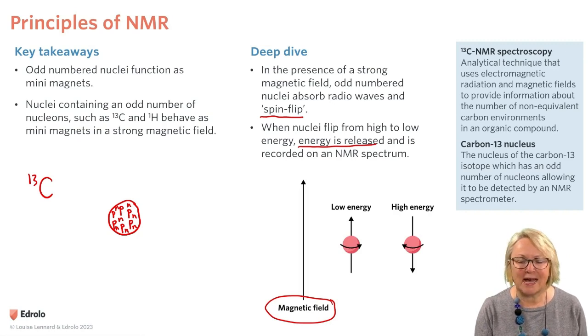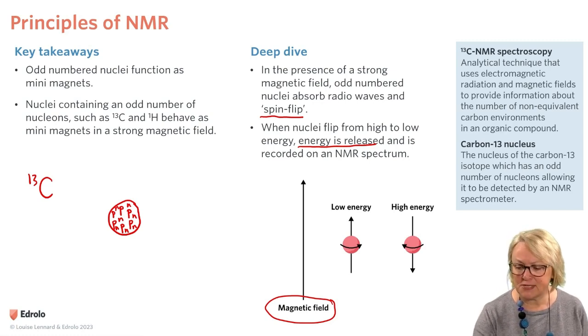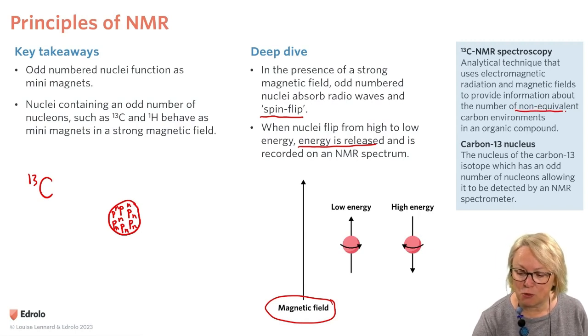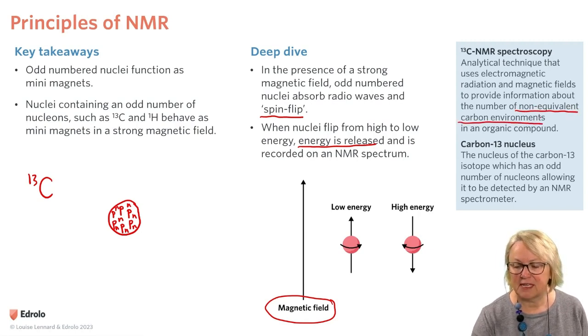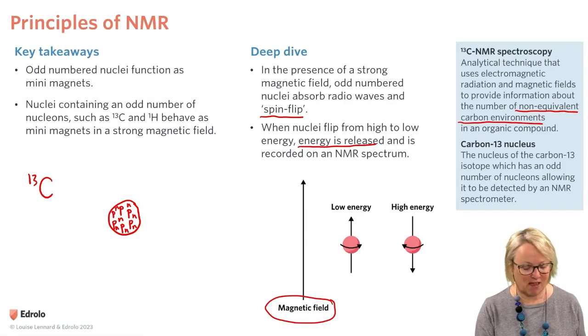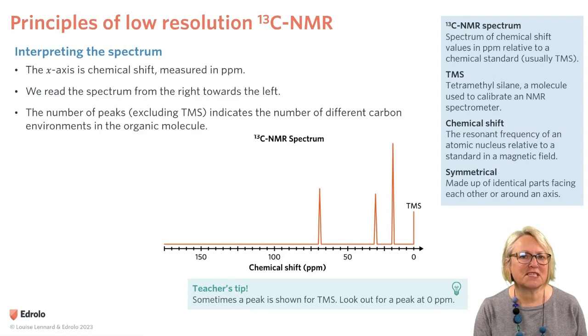So 13-carbon NMR spectroscopy is an analytical technique using radio waves and magnetic fields to provide information about the number of non-equivalent carbon environments in an organic compound. And we're going to talk more about that in the next few slides. Okay, so let's look at some of the principles of low-resolution 13-carbon NMR.